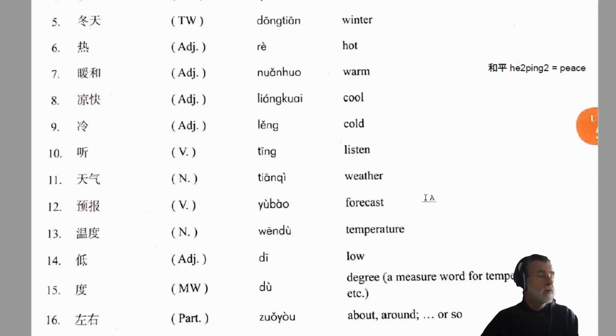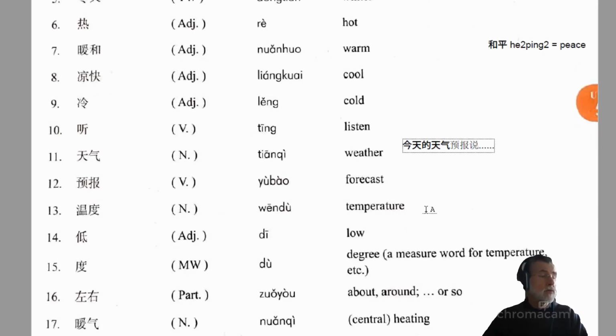We know the verb 说, and then they will go on to say what the weather report says. 今天的天气预报说, and then whatever it is that the weather report says about the weather today. One of the things that we'll talk about often in a 天气预报 is the temperature, and that is 温度.